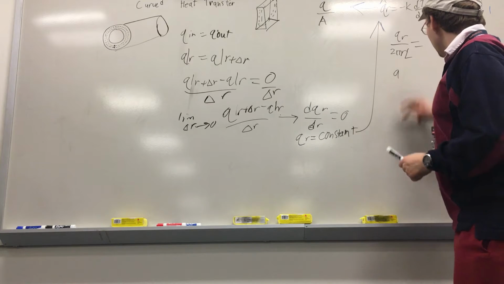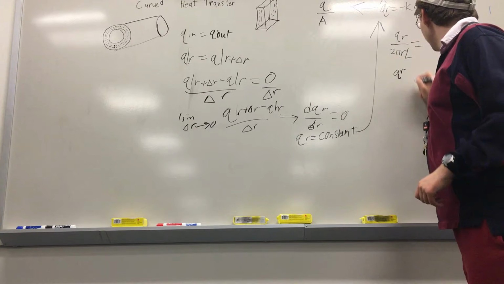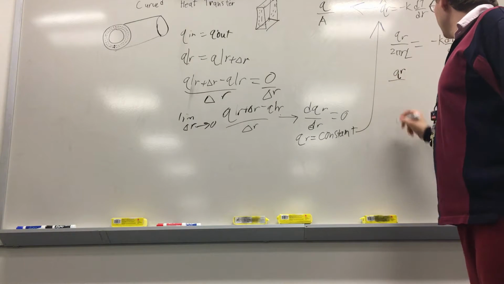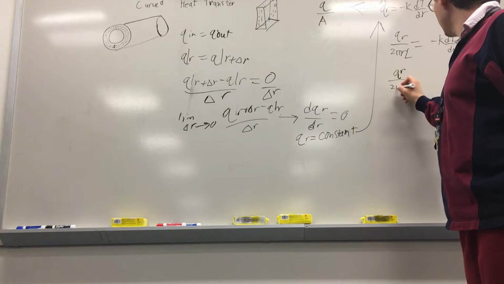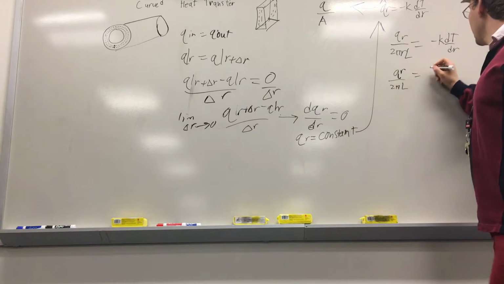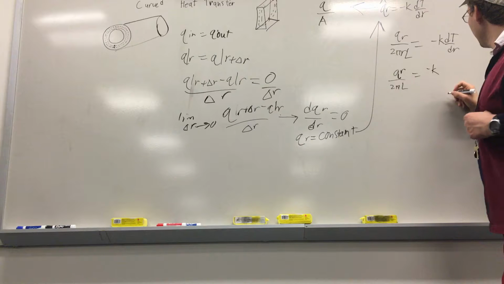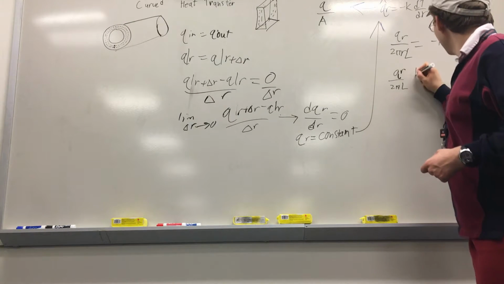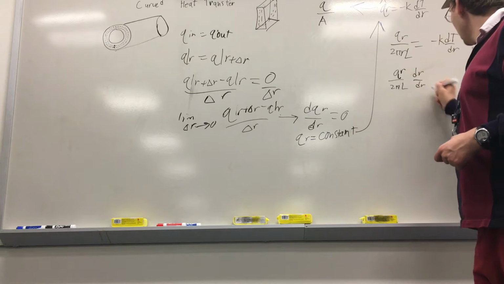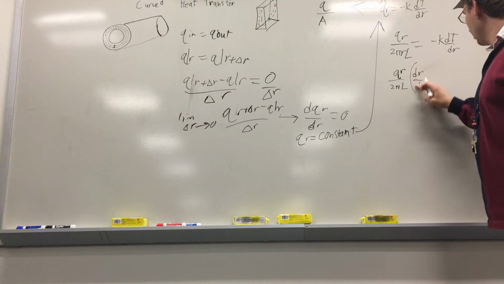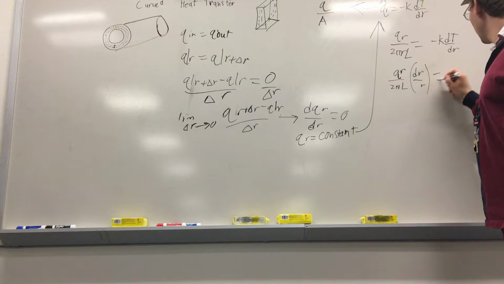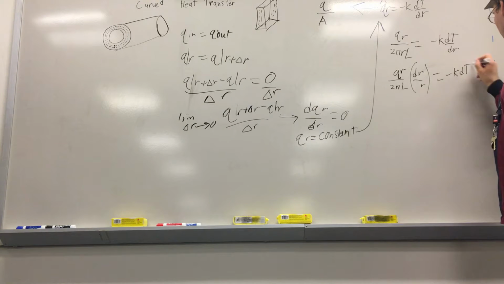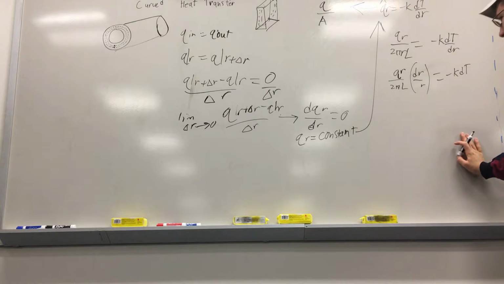So back to what we were saying, we have the heat flow divided by 2 pi L, we're rearranging our variables. We're multiplying by dr to get this, effectively.